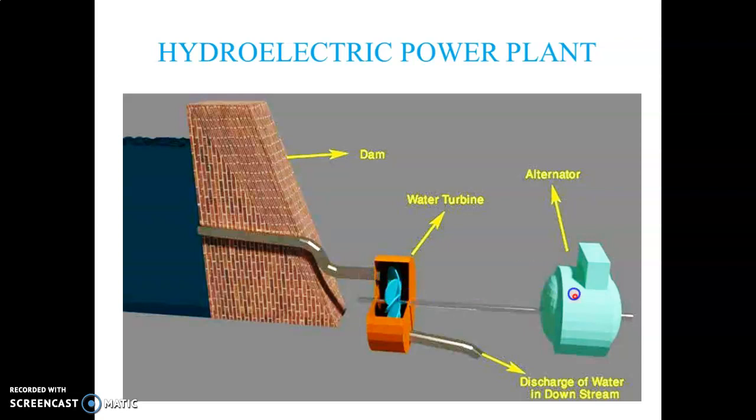An alternator is connected to a common shaft, and then the alternator generates electricity. After hitting the turbine, the water is released to the river. This is known as the tail race.